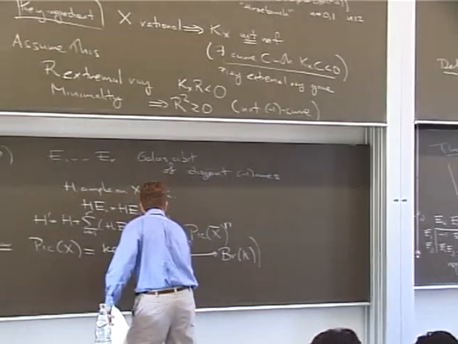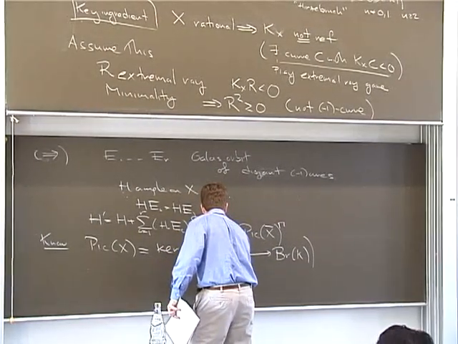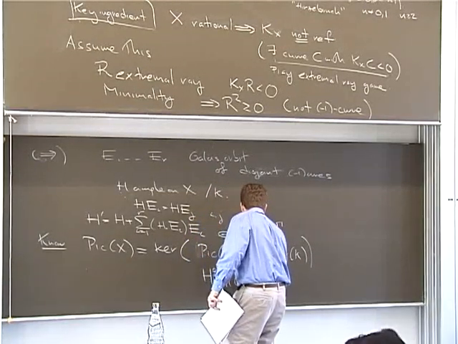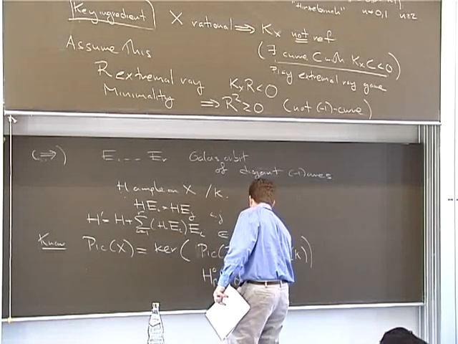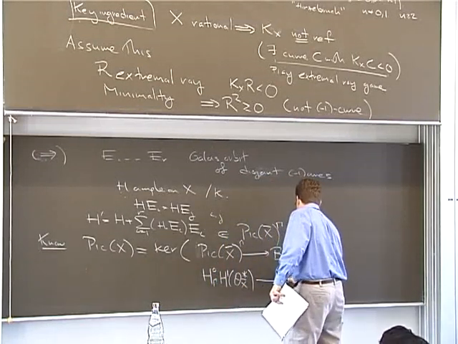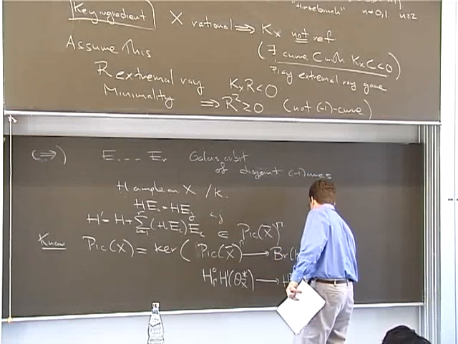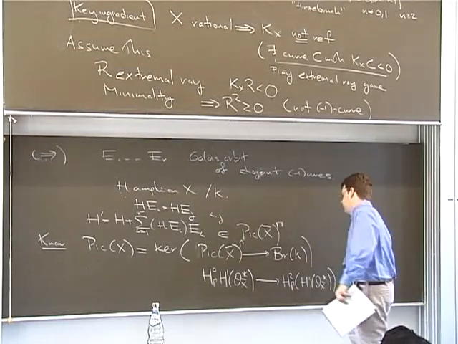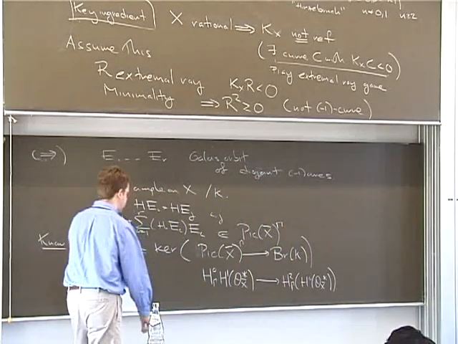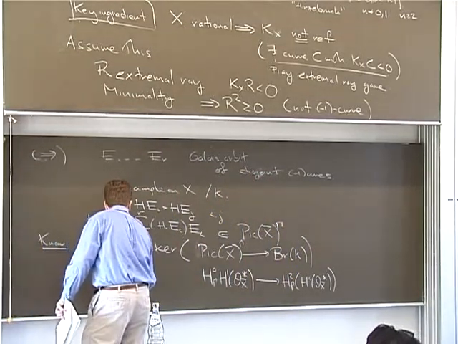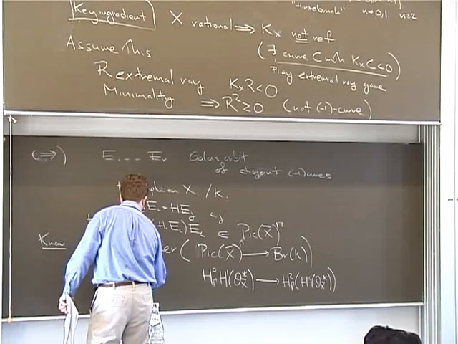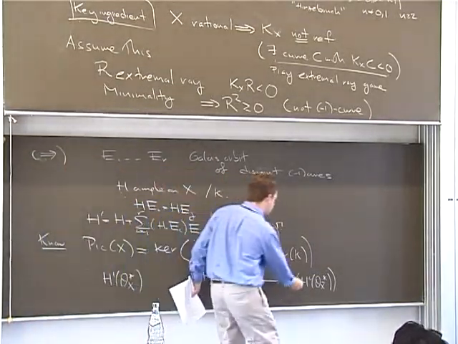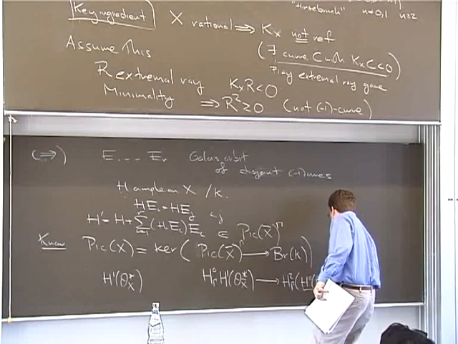You should think of this as being the map from H0 Galois cohomology to H2, and this is H1 of O_X star, which here is of course just K bar star.